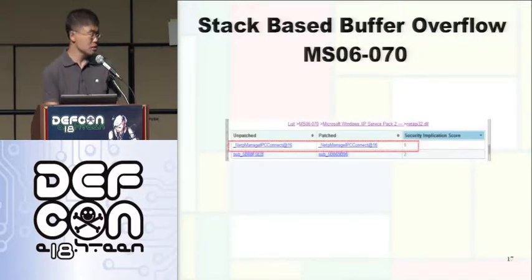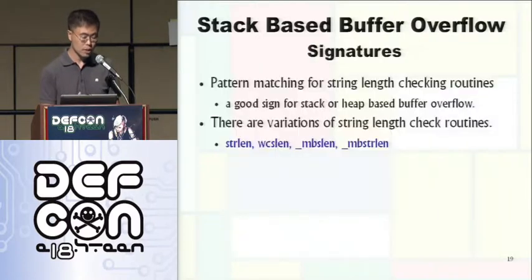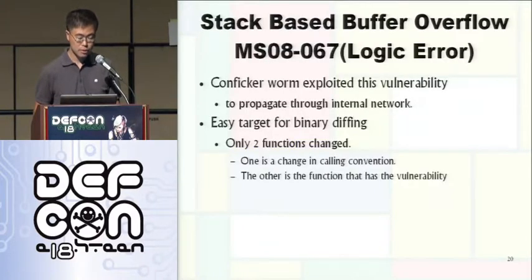This is the example that I just showed, NetpManageIPCConnect, and just as you see, it's using WCSLEN to fix the problem. So you can use a string length check like WCSLEN as the signature for buffer overflow.